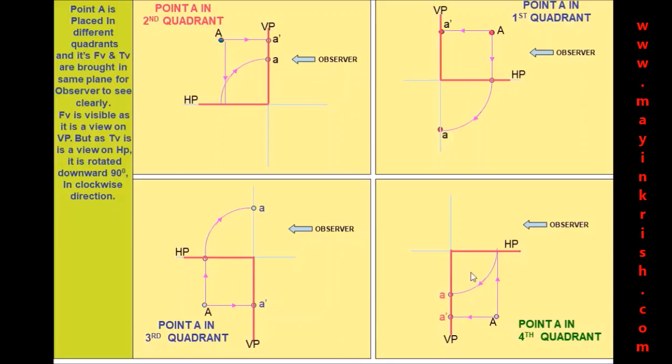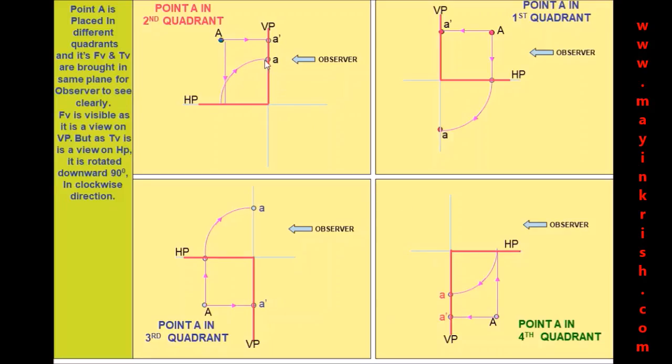Now if we observe the second quadrant and the fourth quadrant, in the second quadrant all the views are placed above the XY and in the fourth quadrant all the views are placed below the XY. There is a reason why these two become complex: if the views increase, in the sense the side view, rear view and so on, definitely everything has to lie below the XY as well as above the XY itself.